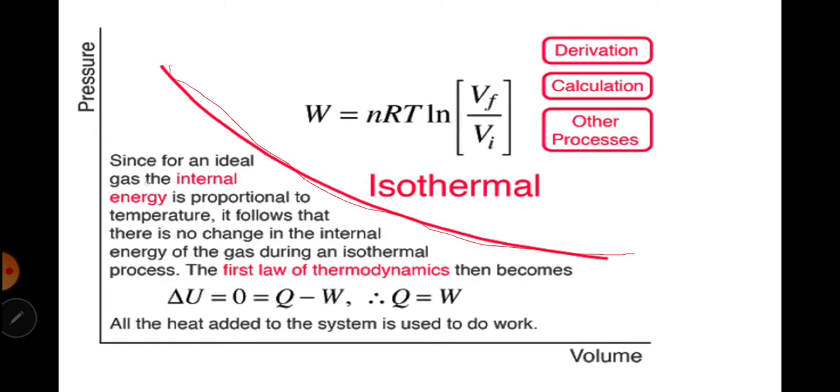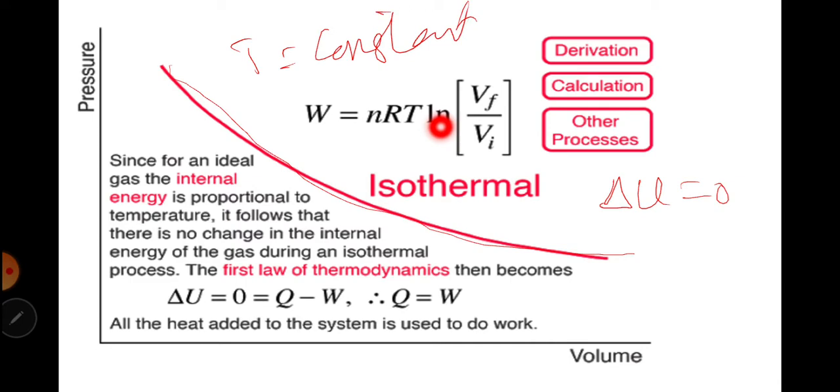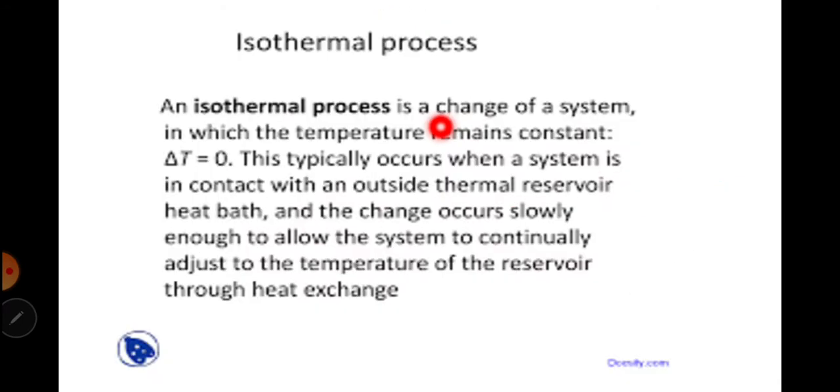Since for an ideal gas the internal energy is proportional to the temperature, it follows that there is no change in the internal energy of the gas during an isothermal process. So when there is no change in the internal energy, because temperature is constant, the internal energy change will be equal to 0.